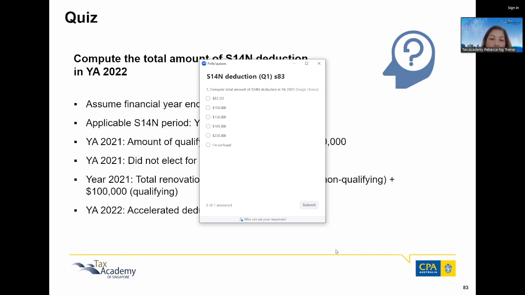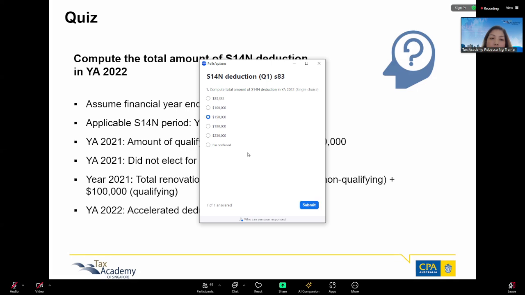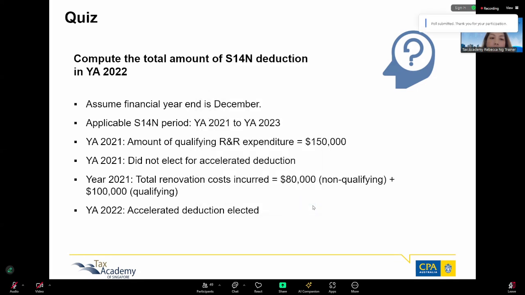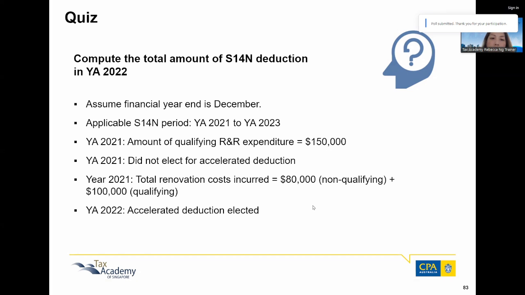In YA 2021, there's no accelerated deduction, so it's a 3-year deduction. In year 2021, means YA 2022, right? Total renovation cost is 880,000. Only 100,000 is qualifying. And in YA 2022, accelerated deduction is claimed. So compute the amount of section 14N deduction in YA 2022.